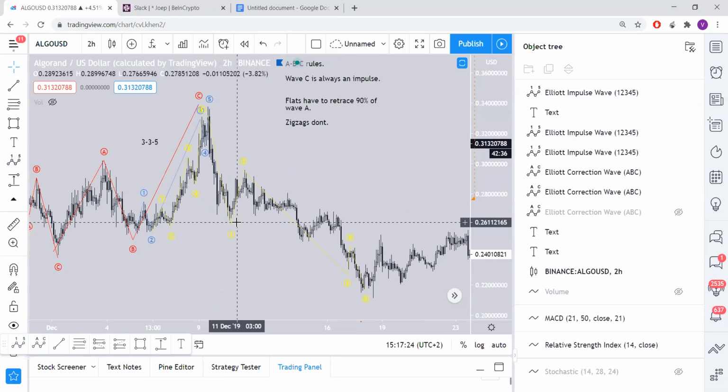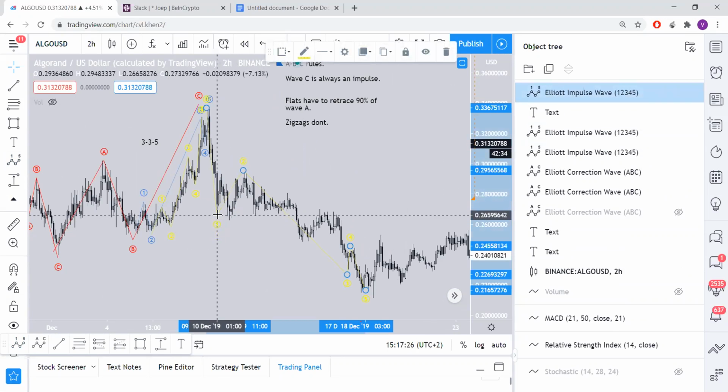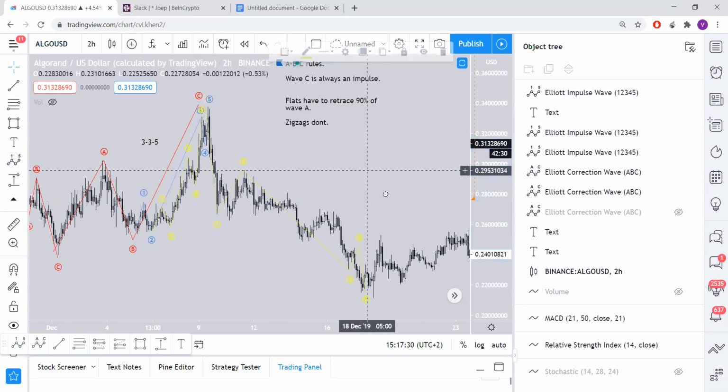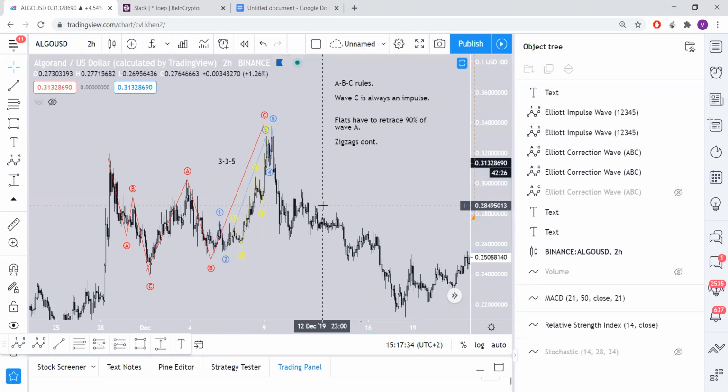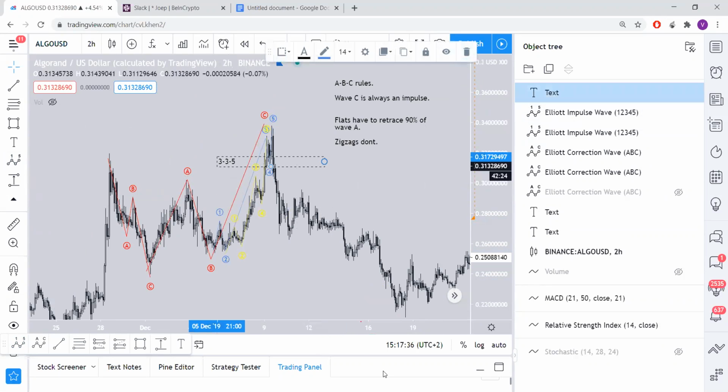I think it's more likely that it would be this, but overlaps here. I don't know, something like that. So 335 is the subwave count. 335 is flat, 535 is zigzag. So Mohammed, that's the main issue with Elliott waves.